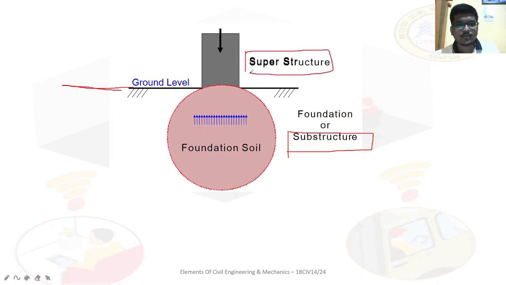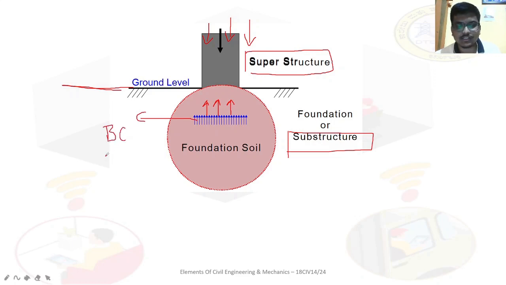Whenever we build any structure on the ground level, it will induce weight, some force. Because of this force, a reaction force is developed inside the soil particles, and that reaction force is called the bearing capacity of the soil.